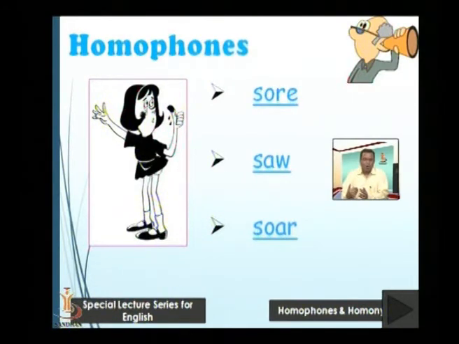When we say saw, S-A-W, the word is pronounced the same way, but it's a past form of see. I saw him going. And the third is soar, S-O-A-R. So, similar sounding words are here. Spellings are different, and the meanings are also different. Pronunciation is the same.